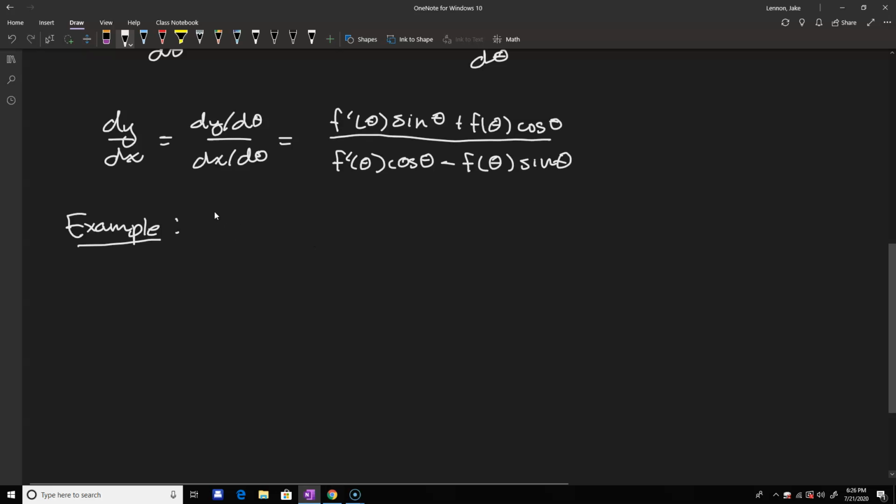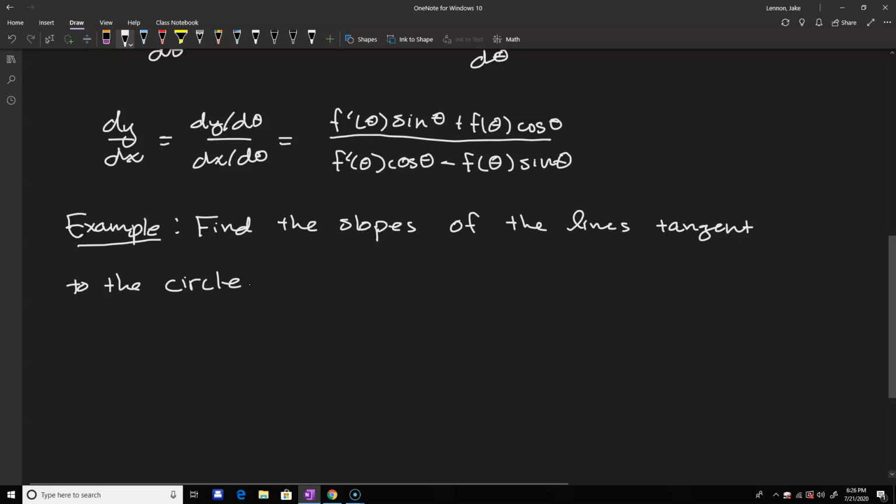So let's find the slopes of the lines tangent to the circle r equals f of theta, which in this case is just going to be 10.